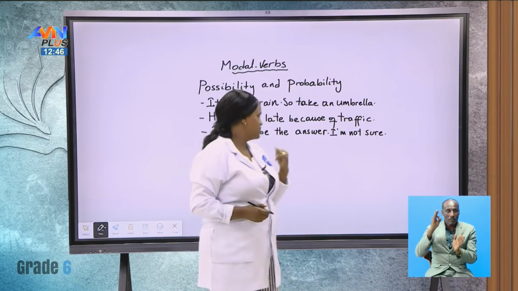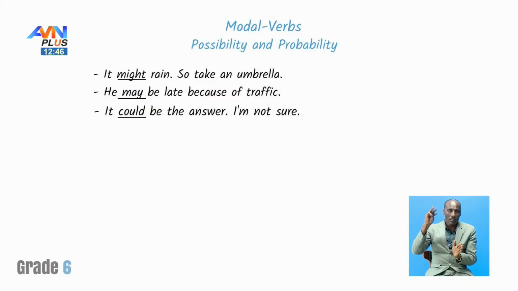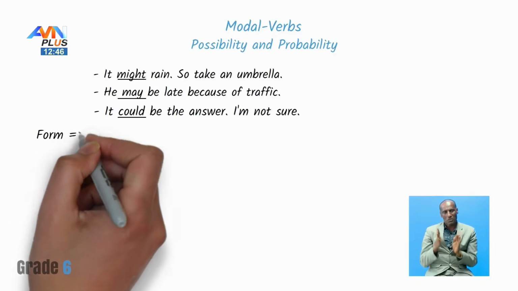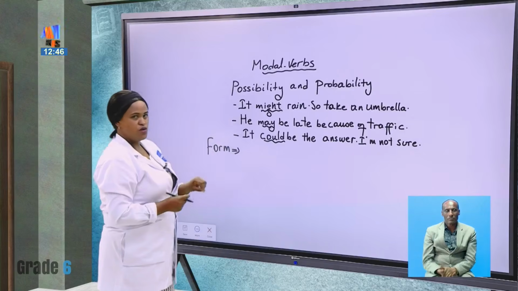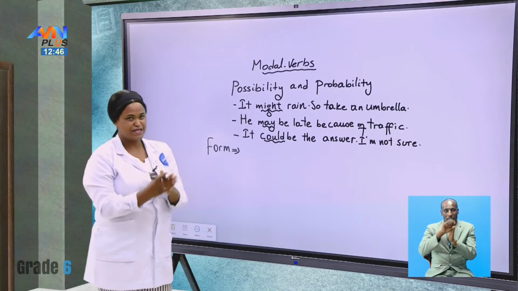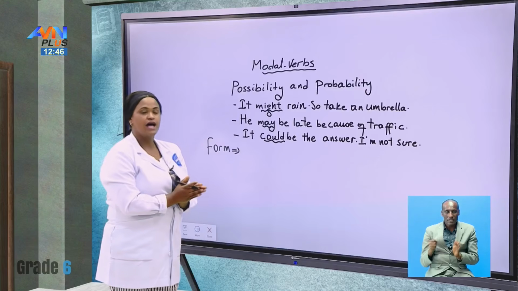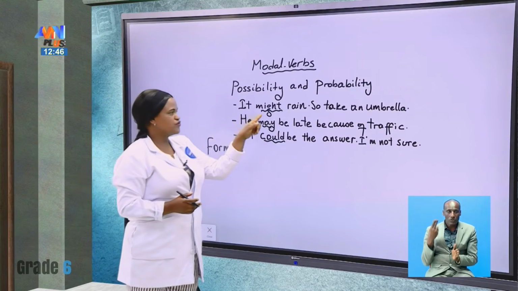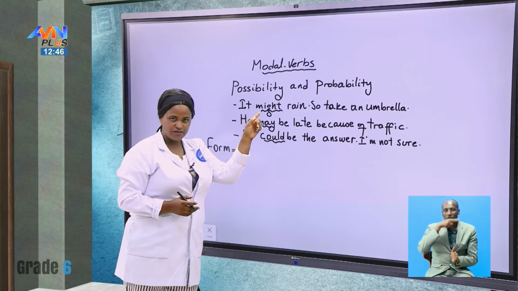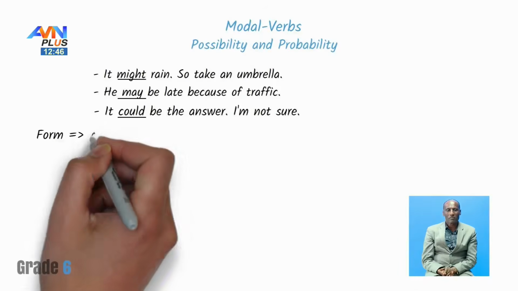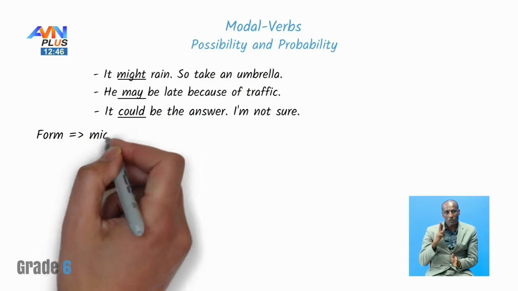All right? Okay. Form. As usual, we have what? A sentence, yes? A sentence also begins with a subject. Very good. Then after the subject, we are now using these modal auxiliaries, or the modal verbs. These are might, yes?